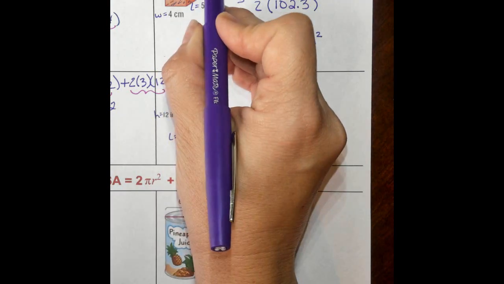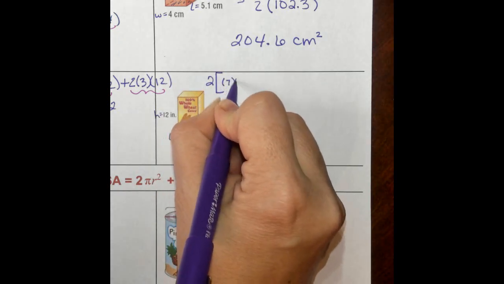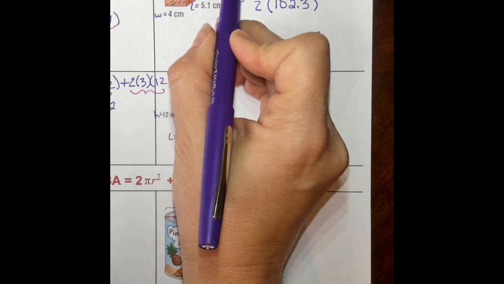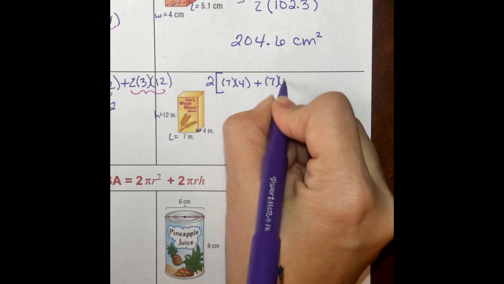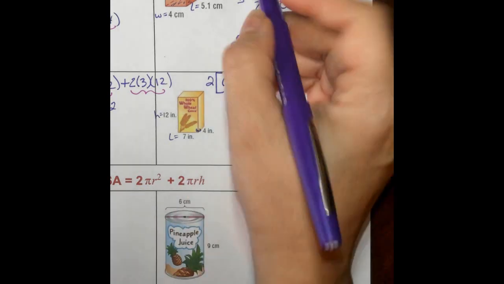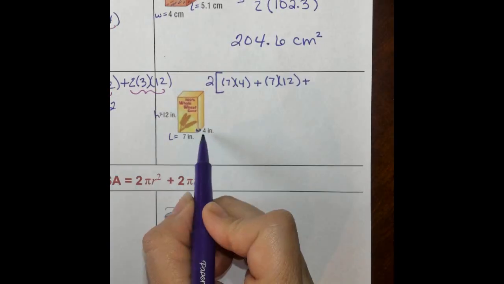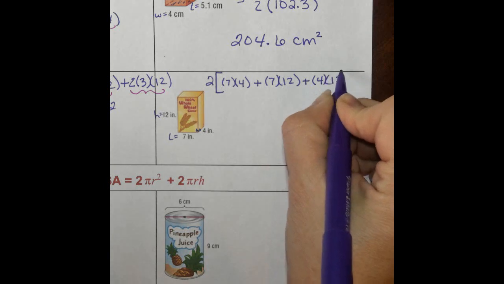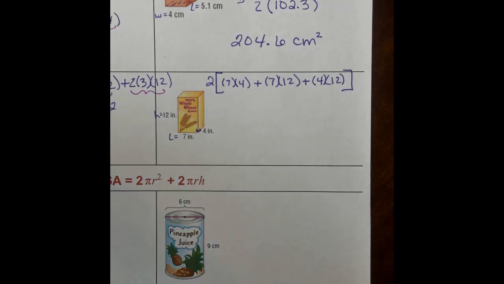Length times width, 7 times 4, plus length times height, 7 times 12, plus width times height, 4 times 12. Okay, and I'm going to put the big brackets so that they kind of look different from the parentheses.